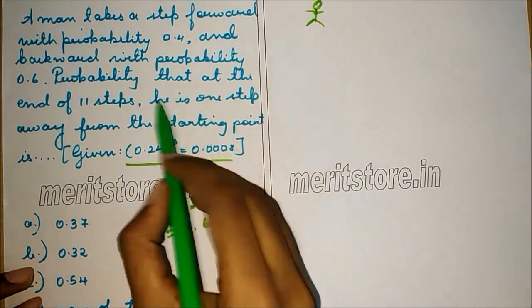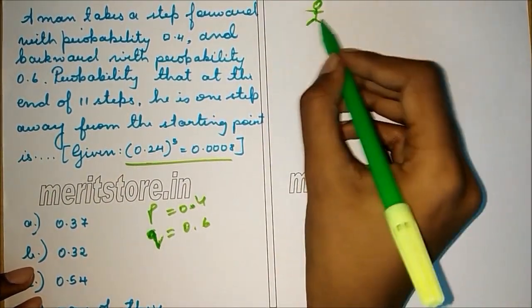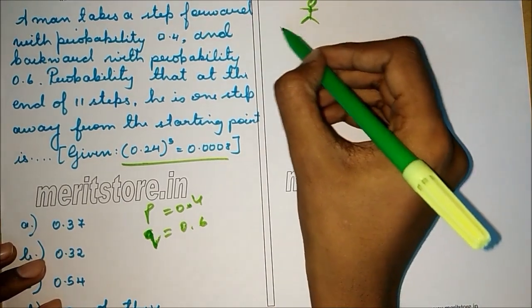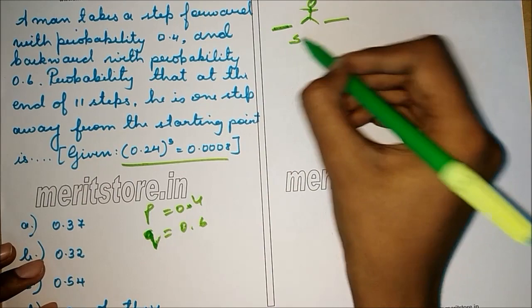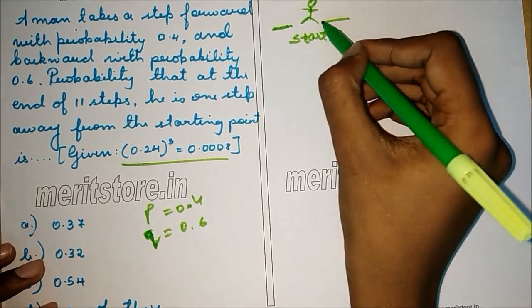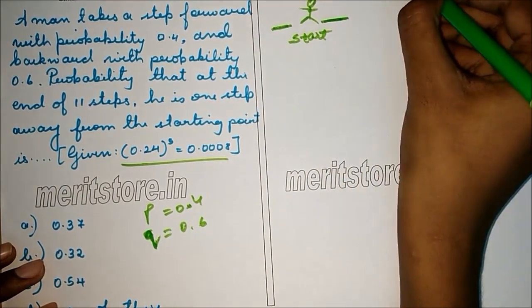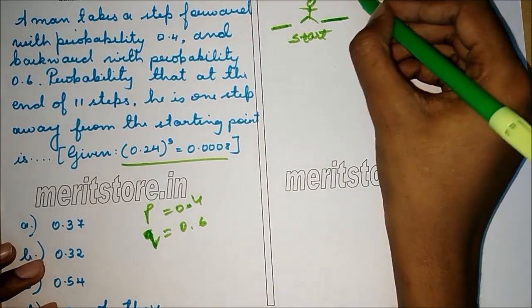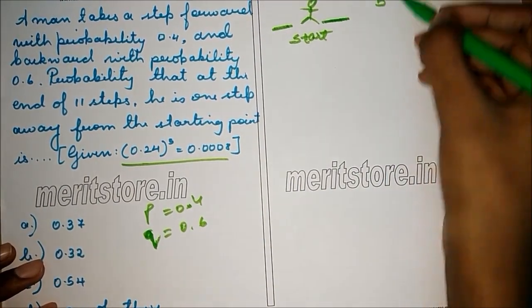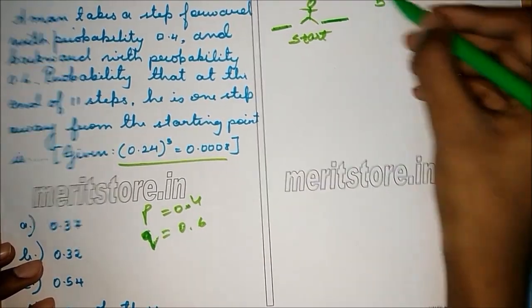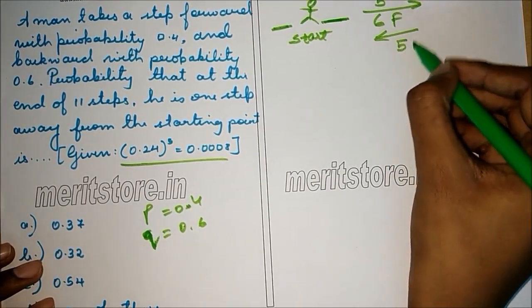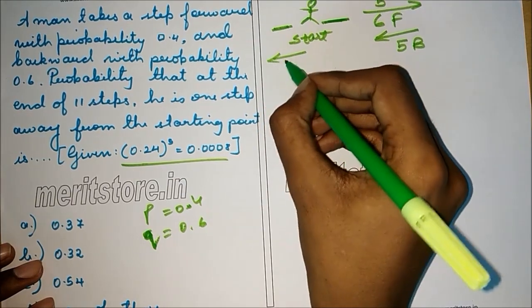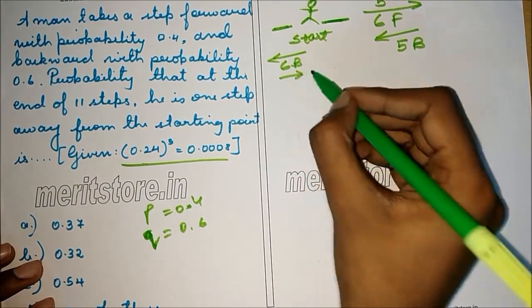So we have to find the probability that he is 1 step away from the starting point. So it can be either 1 step backward or 1 step forward from the starting point. So this is possible when he moves 6 steps forwards and 5 steps backwards, or 6 steps backwards and 5 steps forwards.